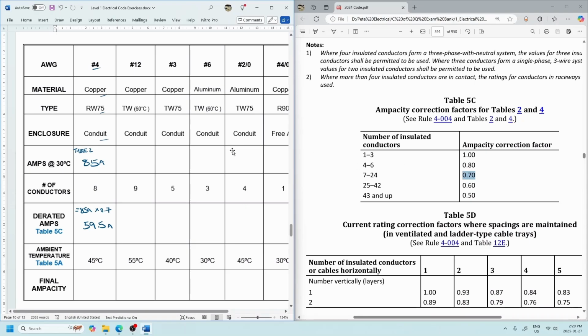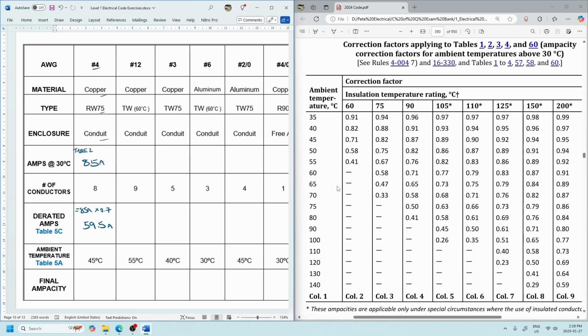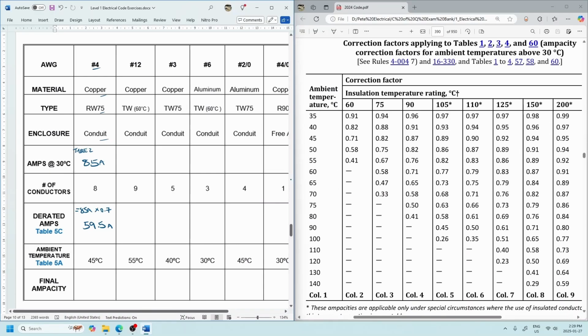Okay, next thing we're doing is going to table 5A. So let's scroll up to 5A. We've got 2 different temperature ratings. We've got 75 degrees for the insulation rating, which is right here, and then we've got 45 degrees for our ambient air temperature. Where those two intersect, I can see that the multiplier is going to be 0.82.